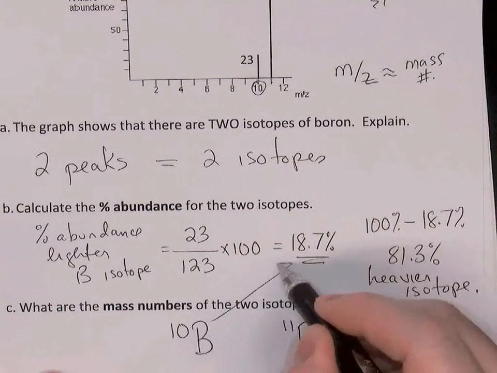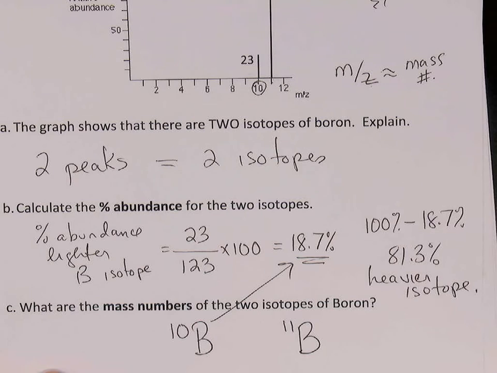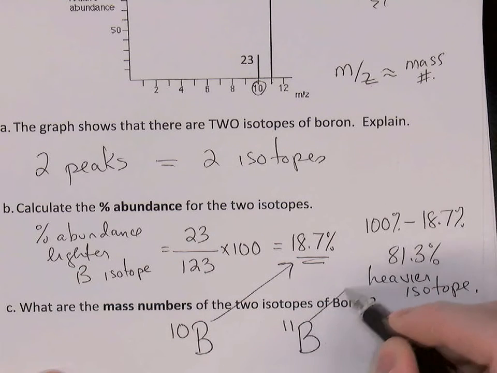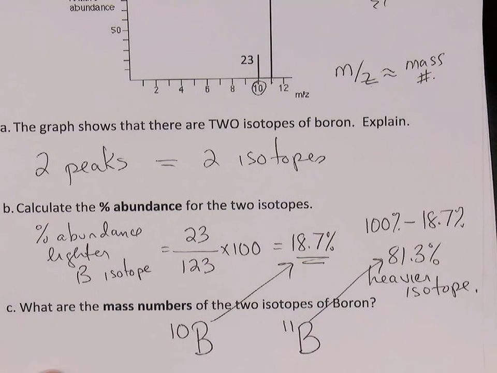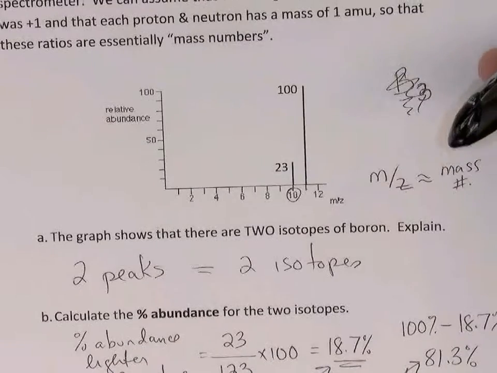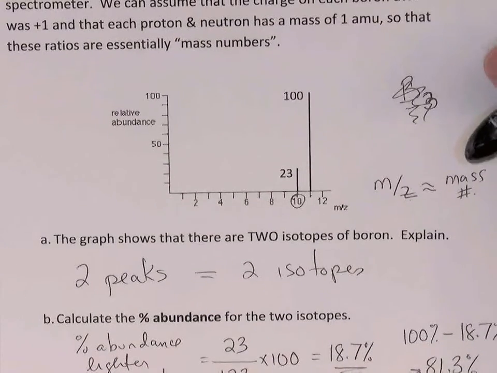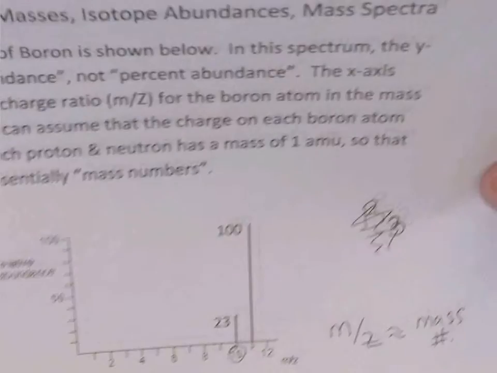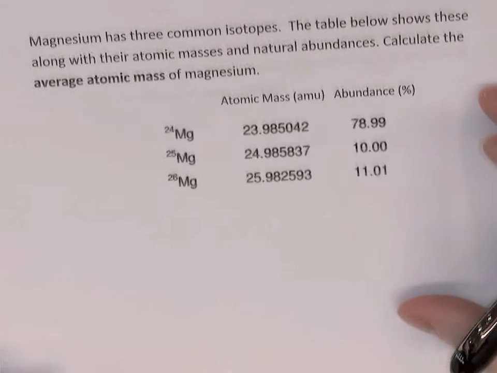Boron 10's abundance would be 18.7%, while boron 11's abundance is 81.3%. So 18.7% of all boron atoms are boron 10, 81.3% of all boron atoms are boron 11. So there's an interpretation of a simple mass spectrum for an element and its isotopes.